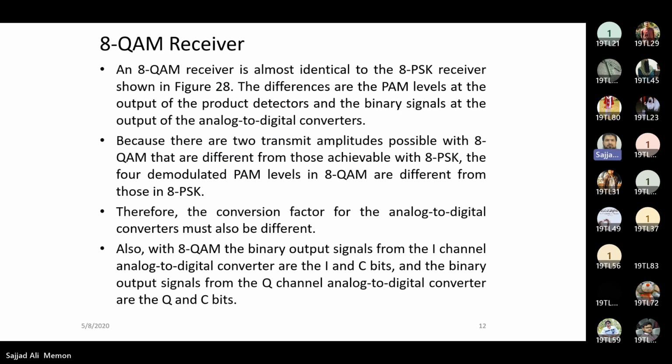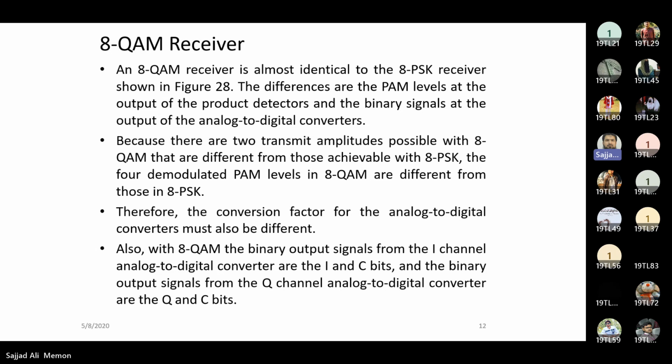An 8QAM receiver is almost identical to the 8PSK receiver shown in figure 28. The differences are the PAM levels at the output of the product detector and the binary signals at the output of the A to D converters, because there are two transmit amplitudes possible with 8QAM that are different from those achievable with 8PSK.